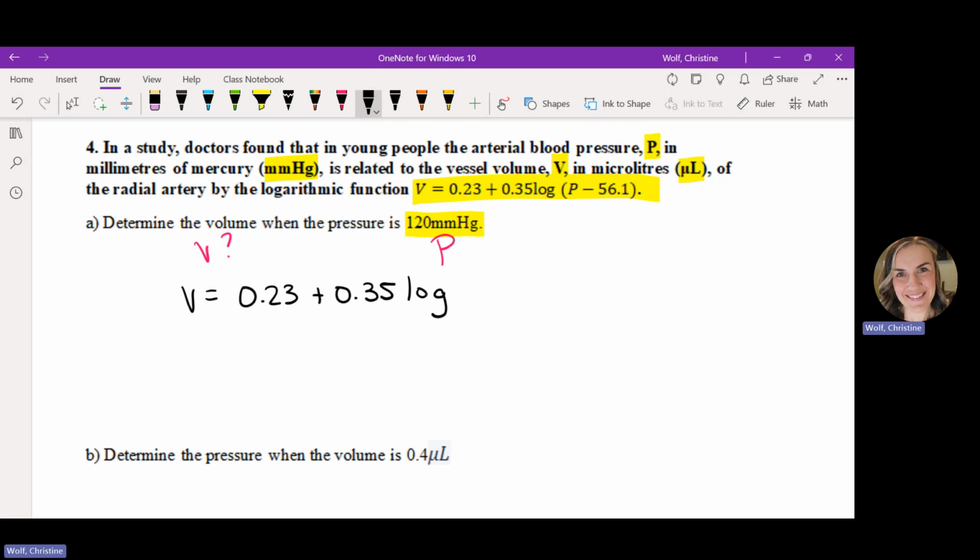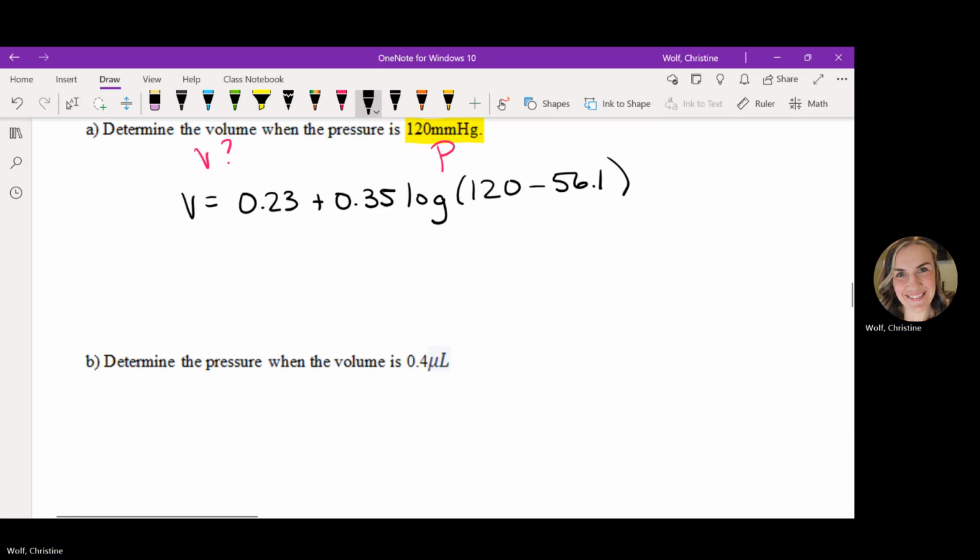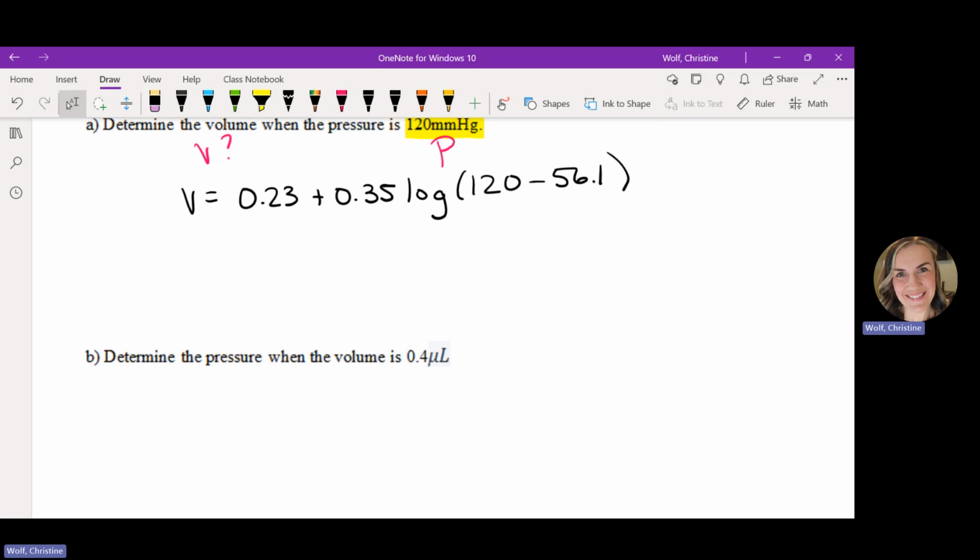What's my base of my log here? 10, because it's not there. And then in the place of P, I write 120. And we just clean up. All right. So I actually have volume equals 0.23 plus 0.35 times the log base 10 of 63.9 if I subtract those two.